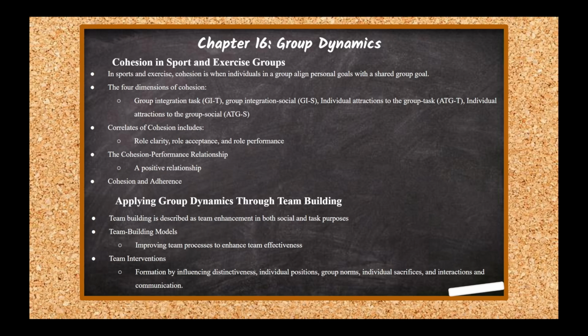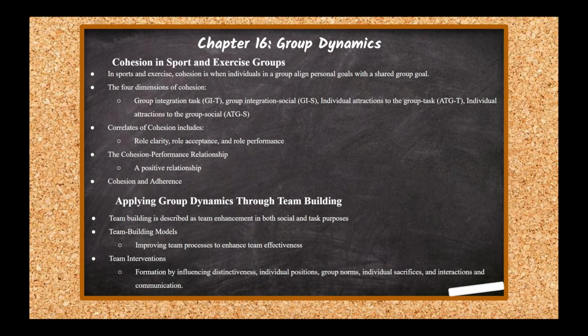Correlates of cohesion include role clarity, clarity of one's role in a group, role acceptance, and role performance. The cohesion performance relationship is positive, with greater cohesion leading to greater performance.